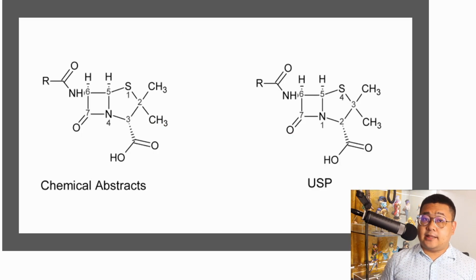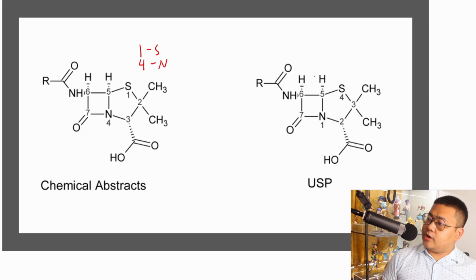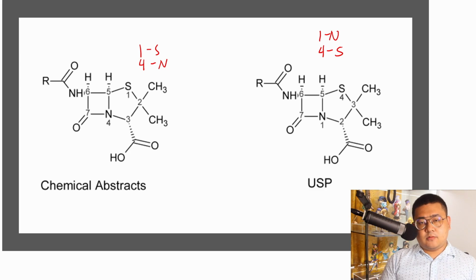For the USP system, it assigns 1 to the nitrogen atom and 4 to the sulfur atom. You will be enlightened with the next slide. You can see that for Chemical Abstracts, 1 is sulfur and 4 is nitrogen, and for the USP, 1 is nitrogen and 4 is sulfur. For the sake of brevity, we will be using the USP method of numbering.